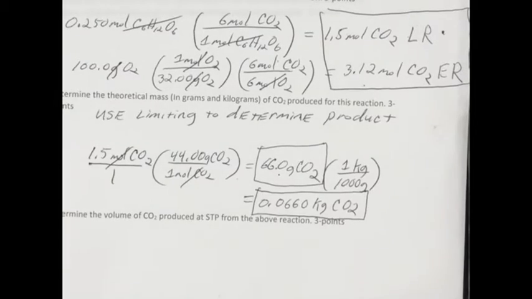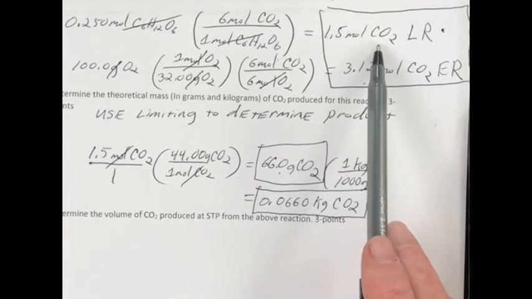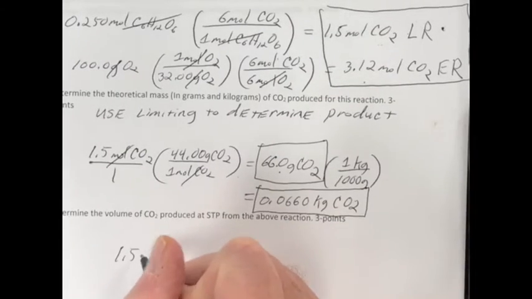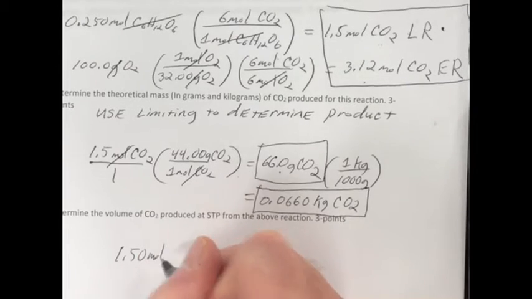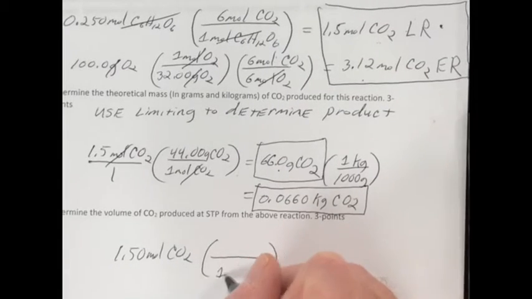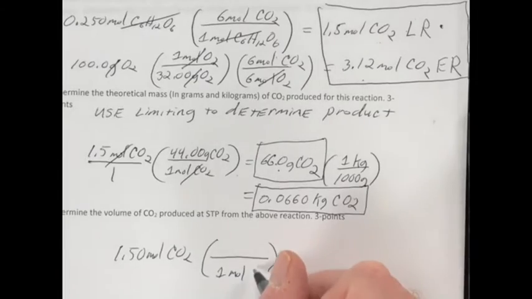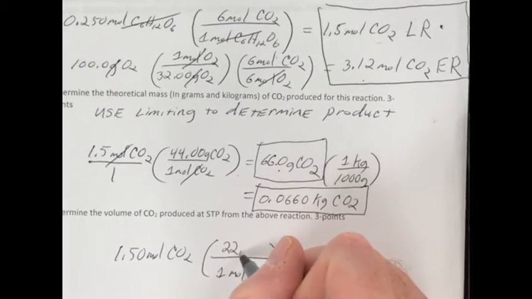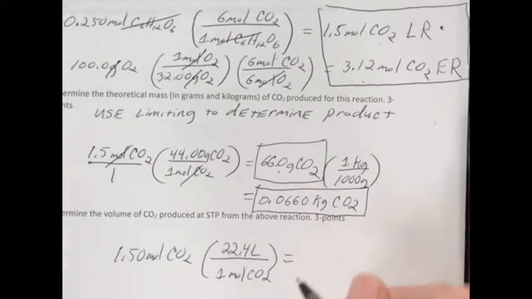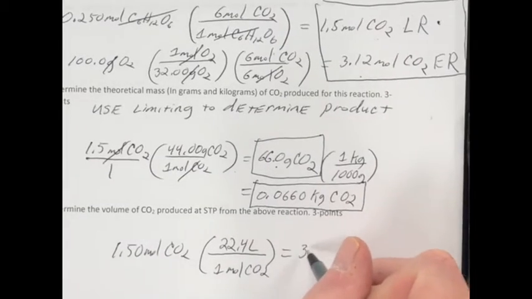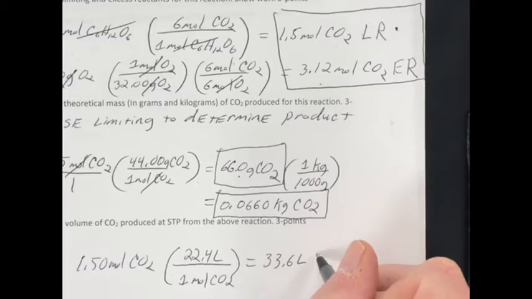When we have work that we can use, we know that this much CO2 is produced from this reaction, so 1.50 moles of CO2, and in 1 mole of a gas, any gas, at STP, it's 22.4 liters, and when we do the math, we're going to get 33.6 liters of CO2.